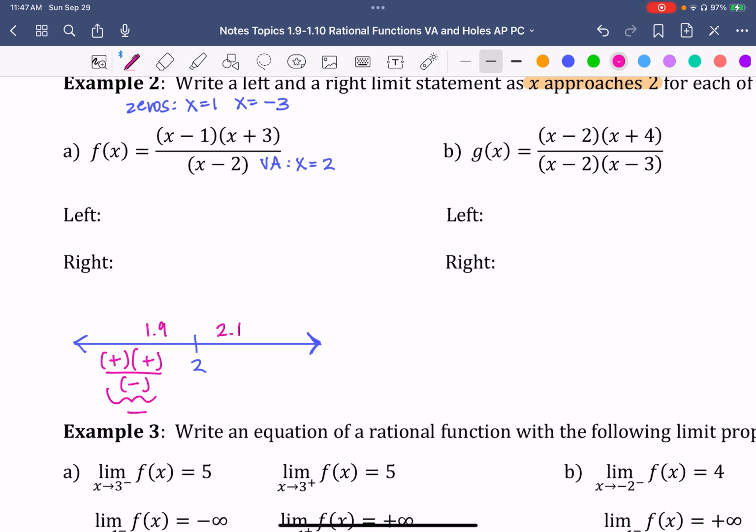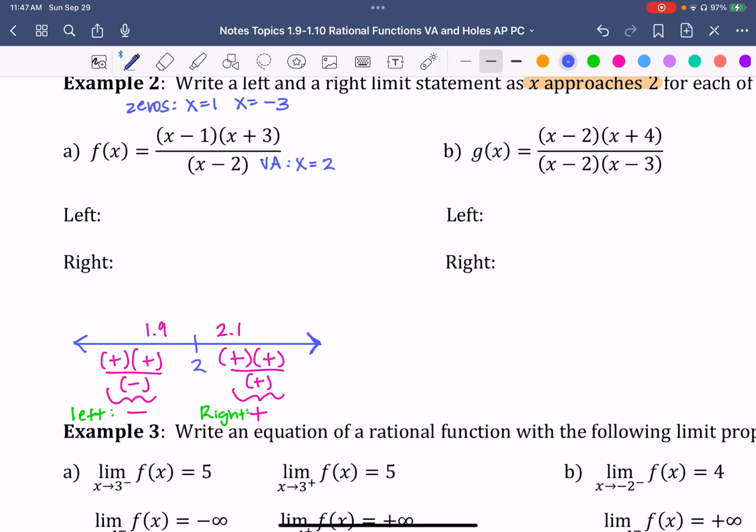If I do 2.1 minus 1, that's positive. 2.1 plus 3 is positive, and 2.1 minus 2 is also positive. So this side is positive. Okay, so this is going to help you do your limit statements because this is the left side. The left side goes down to negative infinity, and the right side is going up to positive infinity.